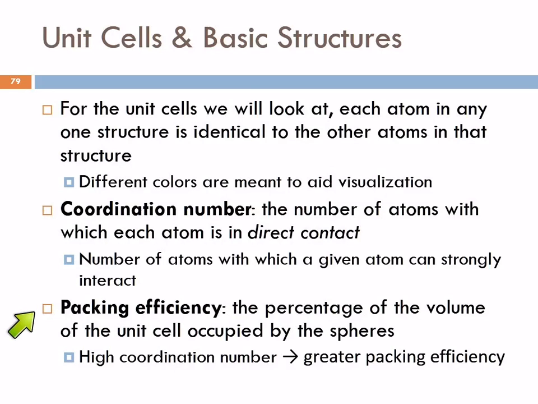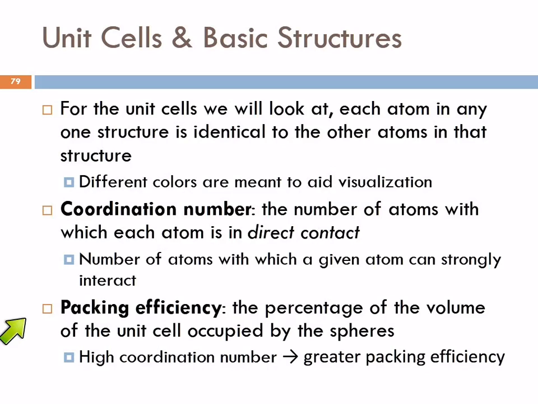And when we refer to packing efficiency, we mean the percentage of the volume of the unit cell that's actually occupied by spheres, by the atoms themselves. So if you're thinking about packing to move to a different apartment or to a different house, and you think about packing things into a box, you can pack things very inefficiently where there's lots of empty space between the objects, or you can pack them almost like a puzzle where they're very close together.